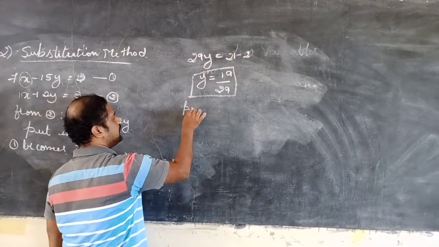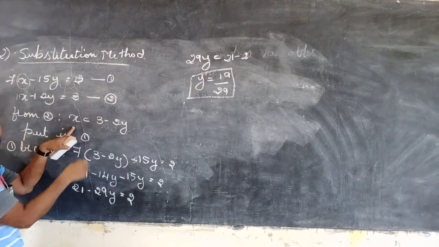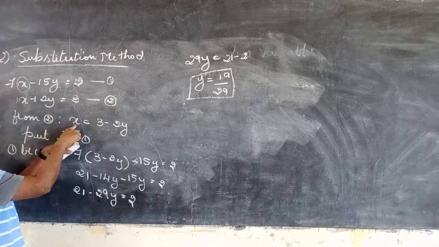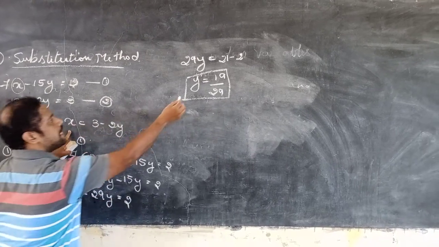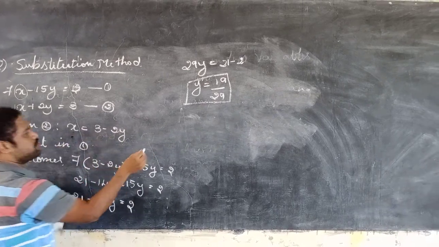Now, directly we find the value of x. Here x is equal to 3 minus 2y. Substitute the value y is equal to 19 by 29 in this equation.